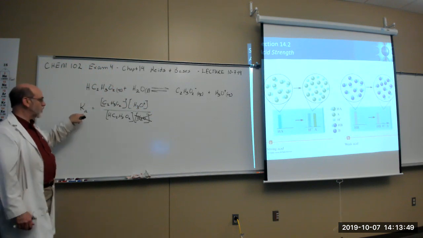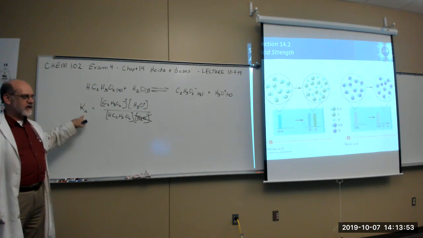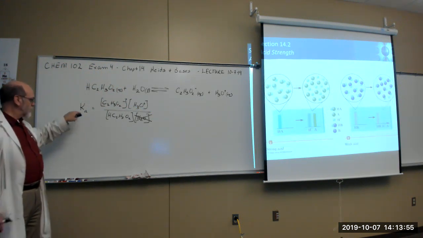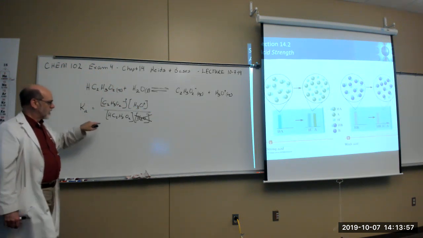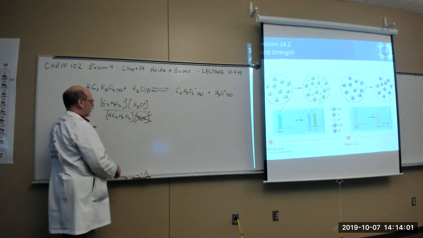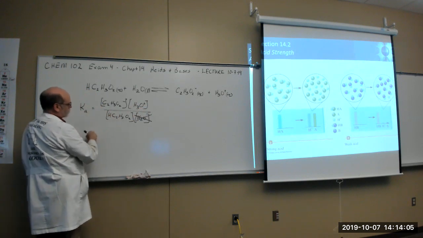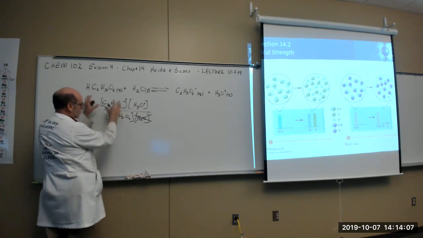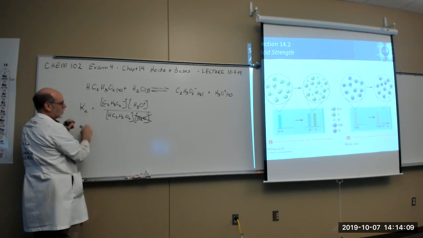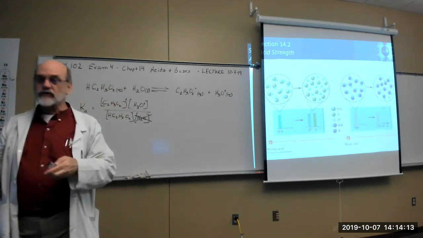Okay, you need to know that. For weak acids, you can't tell what the concentration of the hydrogen ions are unless you know that value, because this is what you want to know. If you know that one and that one, then you can figure it out. But if you know the initial concentration of this one, you know that one, then you can figure out the other terms. And I'll show you how to do that too.